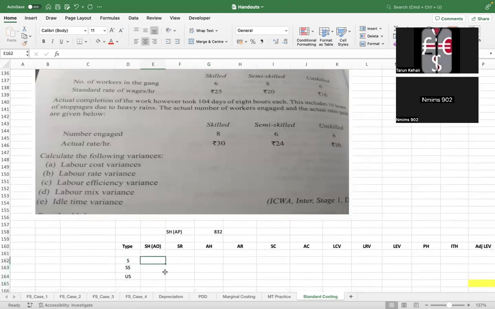So standard hours for actual output will be 832 per labor into 6, 832 into 8, and 832 into 6. है ना? Because question में दिया है 6 skilled, 8 semi-skilled, and 6 unskilled.